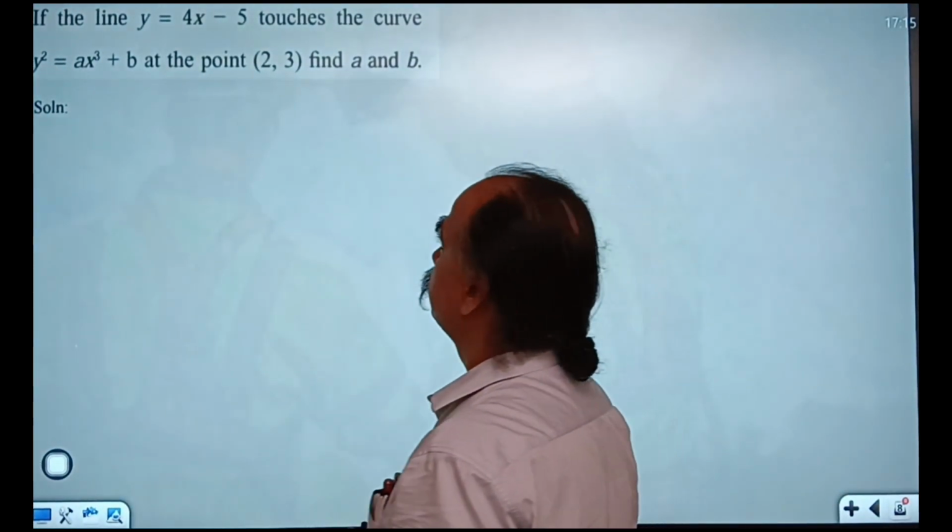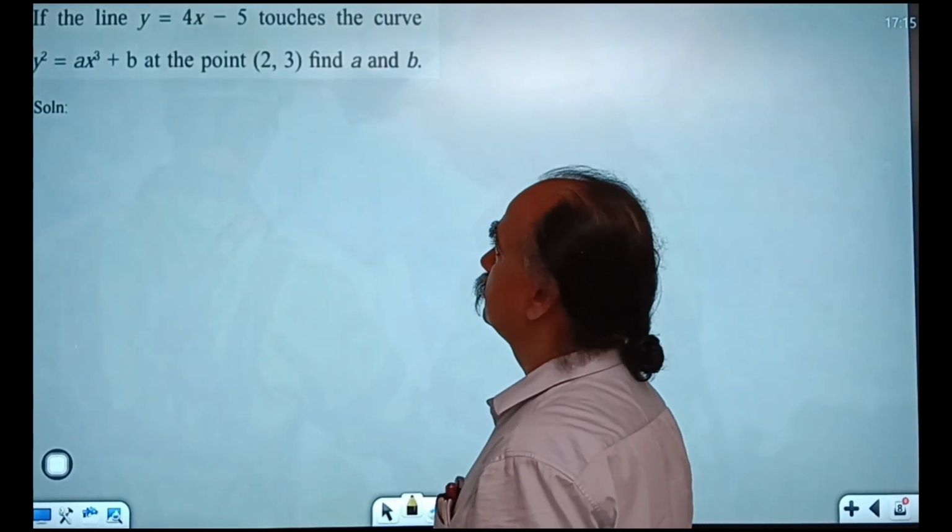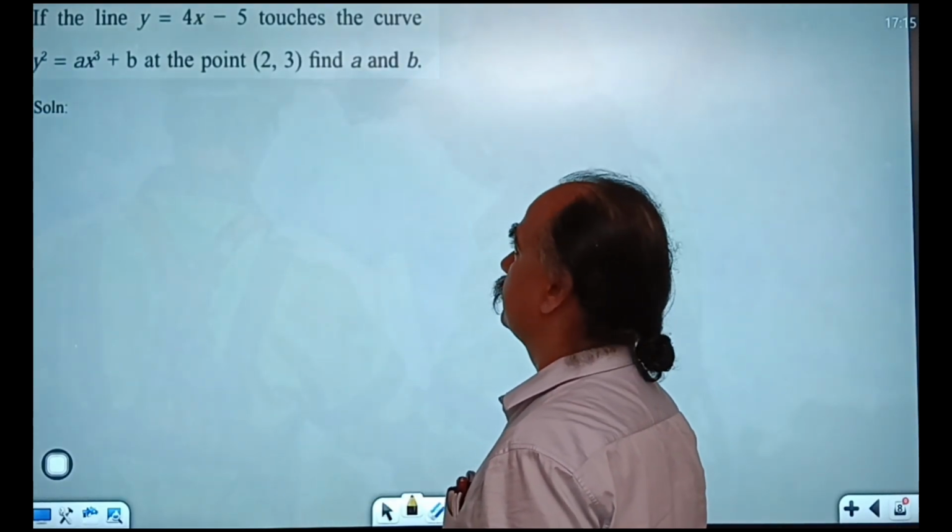If the line y is equal to 4x minus 5 touches the curve y square is equal to ax cube plus b at point 2, 3.